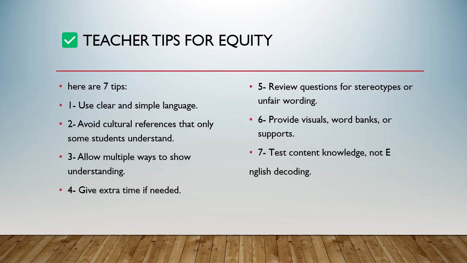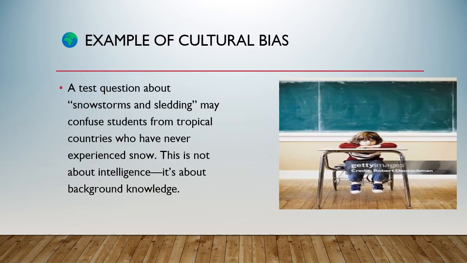Number 1, use clear and simple language. 2, avoid culture references that only some students understand. 3, allow multiple ways to show understanding. 4, give extra time if needed. 5, review questions for stereotypes or unfair wording. 6, provide visuals, word banks, or supports. 7, test content knowledge, not English decoding.